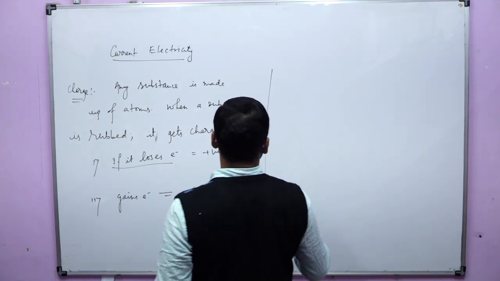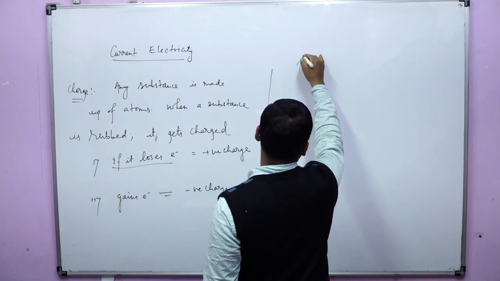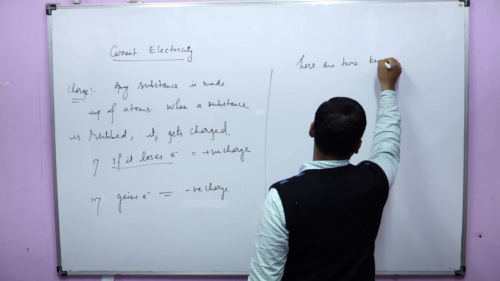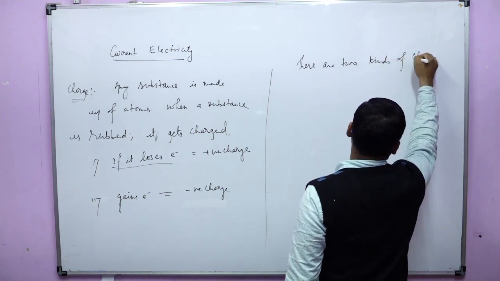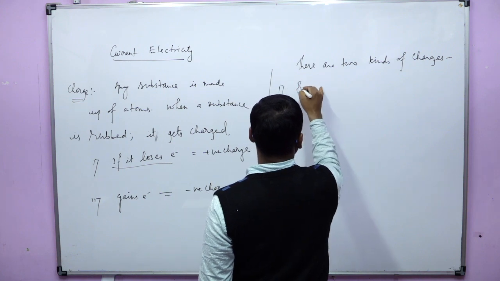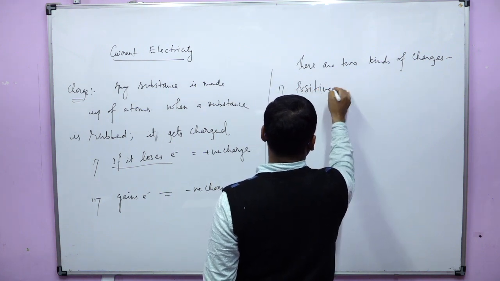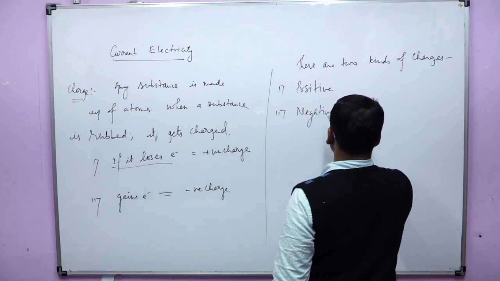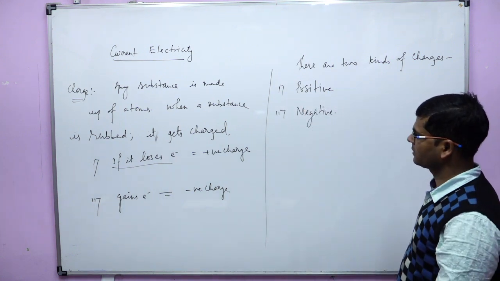Now, there are two kinds of charges: the first one positive and the second one negative.